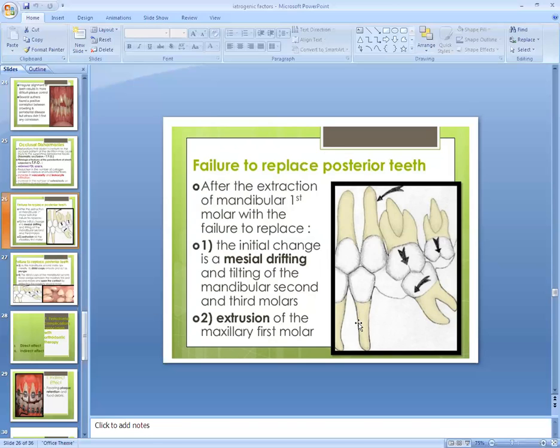After the extraction of the mandibular first molar with failure to replace it, the initial change is mesial drifting and tilting of the mandibular second and third molars, as well as extrusion of the maxillary first molar.